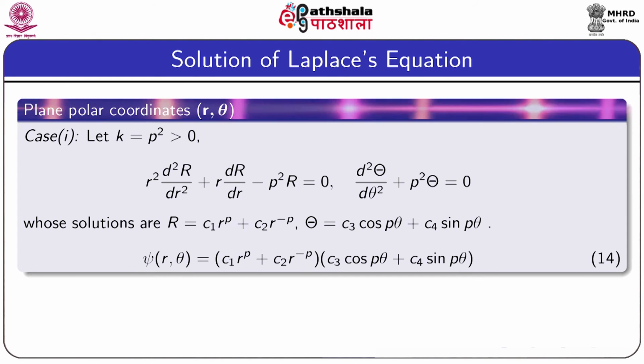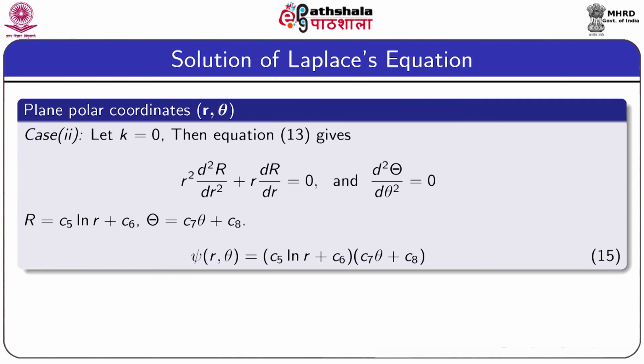So, the solution in equation number 14 is not acceptable, and if we look at the solution in equation 15, here also the solution is undefined at r equals to 0. So, solutions 14 and 15 are not acceptable. So, the only solution we can think about is the one written in equation number 13.